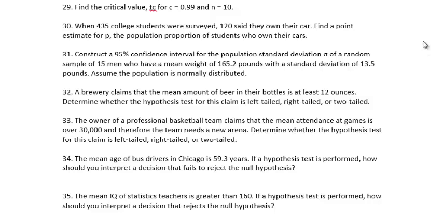Let's go back to our board over here, and we will write the key numbers. That's always what you want to do, obviously. All right. So what do we got here? It looks like we have our confidence interval is 95%.